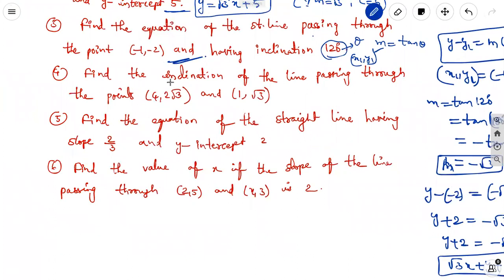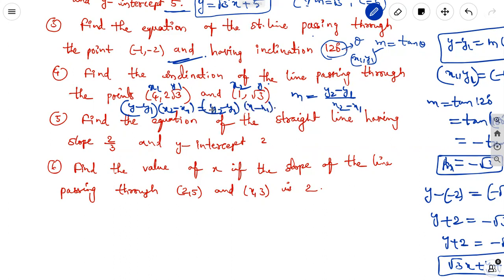In the same way, find the inclination of the line passing through the points x1 comma y1 and x2 comma y2. From this, we can substitute and find the slope m equal to y2 minus y1 by x2 minus x1. Or simply we can take the equation of the line passing through the 2 points, y minus y1 into x2 minus x1 equal to y2 minus y1 into x minus x1.